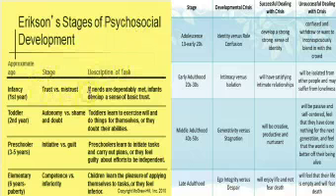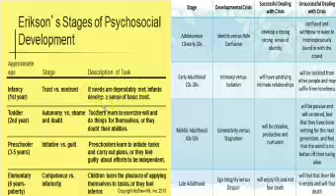And he says that if needs are met, the infants develop a sense of basic trust. And then the toddler, which is the 2nd year, is termed autonomy versus shame and doubt. Toddlers learn to exercise will and do things for themselves, or they doubt their abilities. They like to be independent.